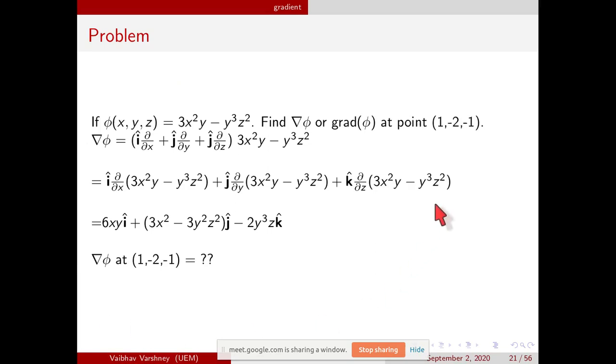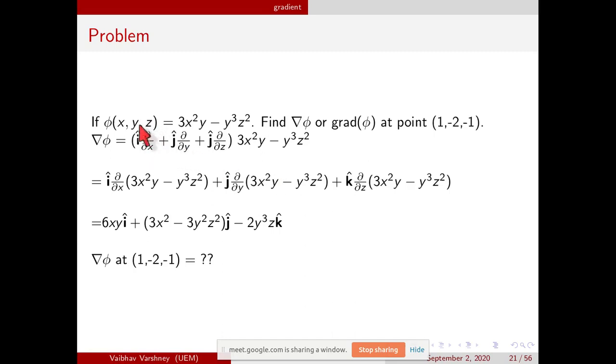This problem I showed you on gradient. It's a scalar function, 3x square y minus y cube z cube. You have to calculate the grad of phi at this point. Since it's a scalar function, you can directly multiply, and when it goes inside, it comes with all three components x, y and z.